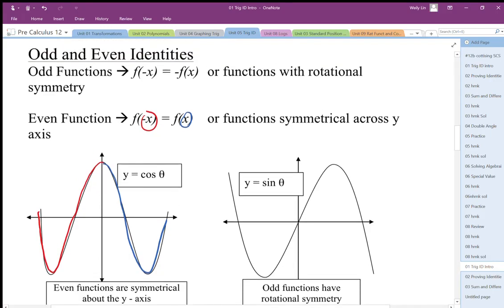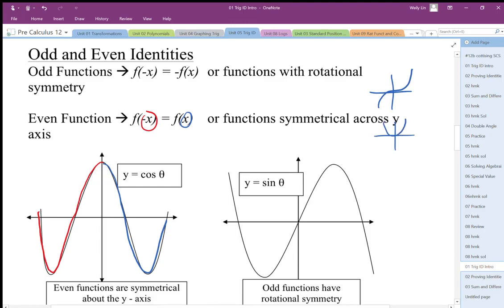They're given the names odd and even because odd polynomials actually have this property. If you think of odd polynomials like a cubic function, they have this rotational symmetry. If I take a look at x cubed, it looks like that, and I can spin that around. The name even function comes from even polynomials, like for example x squared, a quadratic, that has folding symmetry.